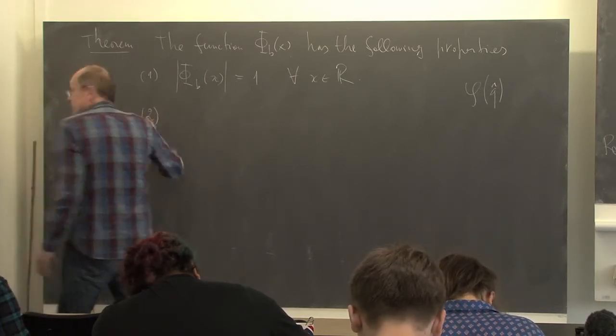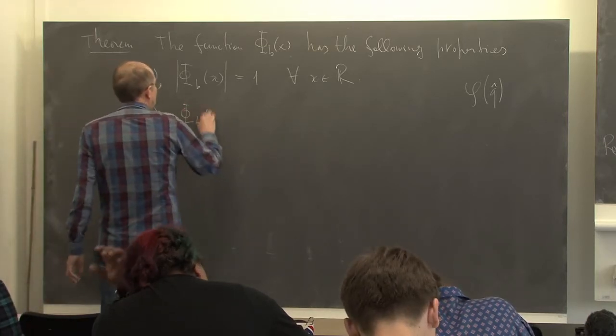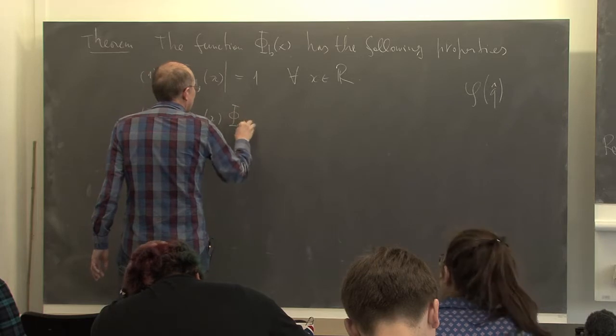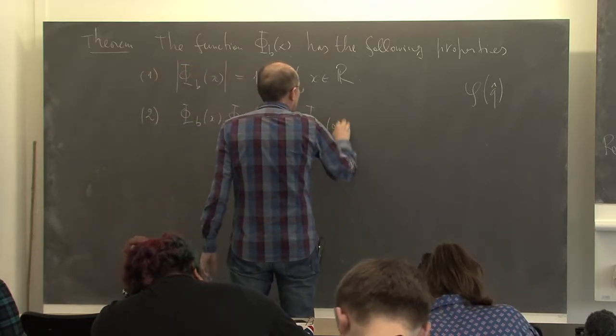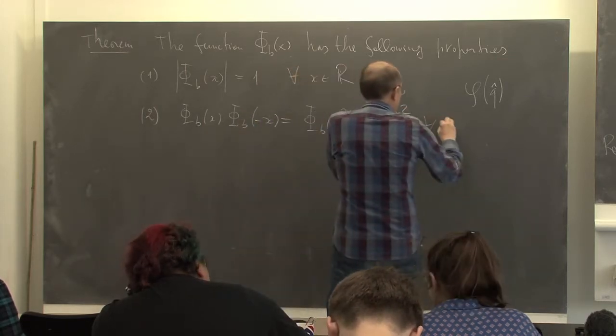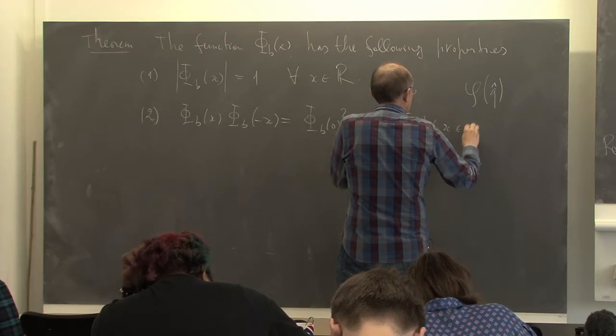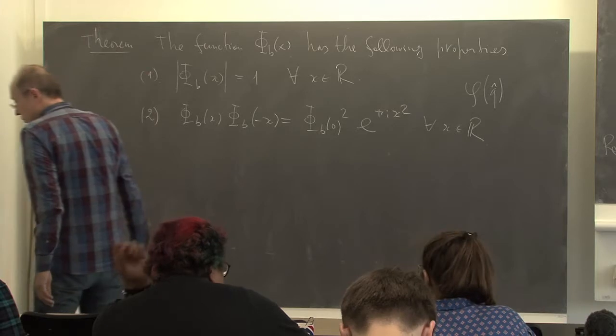Second part: phi b of x times phi b of minus x is phi b of 0 squared times e to the pi i x squared, for any x. Let us stay on reals, but it is more general than that.